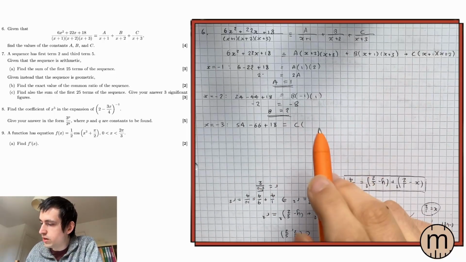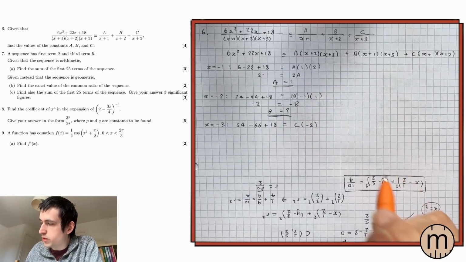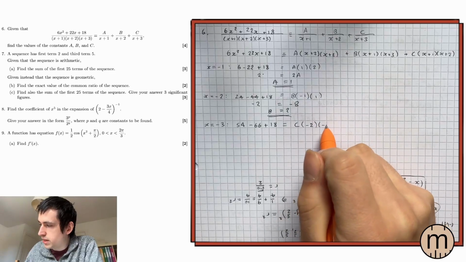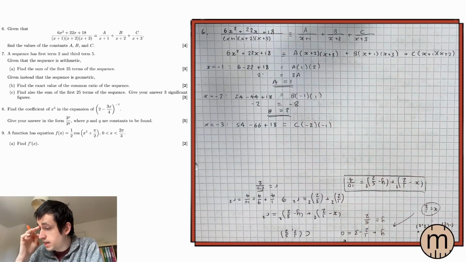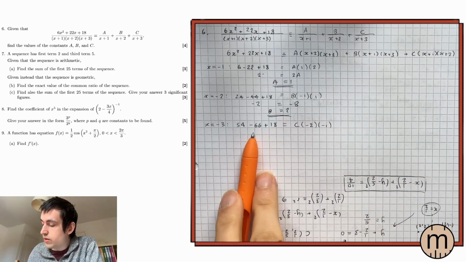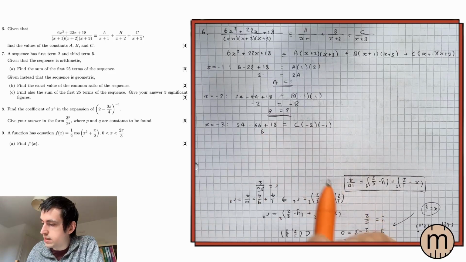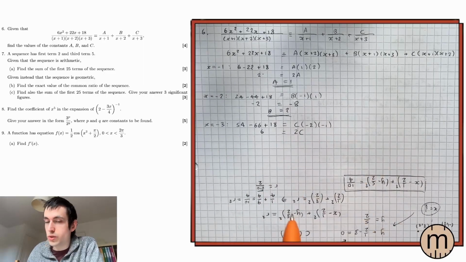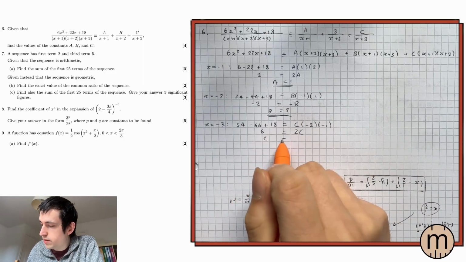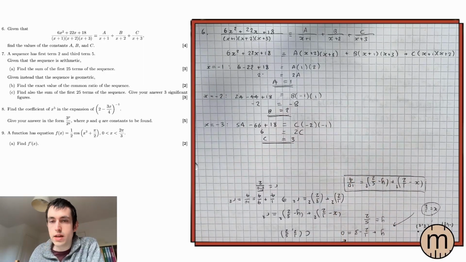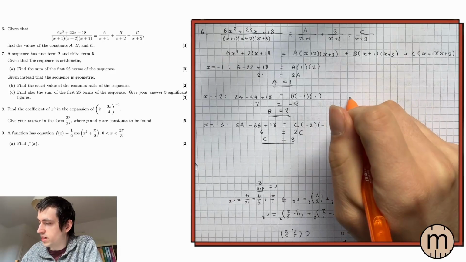So that's C lots of minus 3 plus 1, and then minus 3 plus 2, like this. And then over here on this side, we're going to have 6. Yes, 6, and then that should be equal to 2C, which means that C is equal to 3. That's me being really imaginative. A is 1, B is 2, C is 3. Who'd have seen it coming?